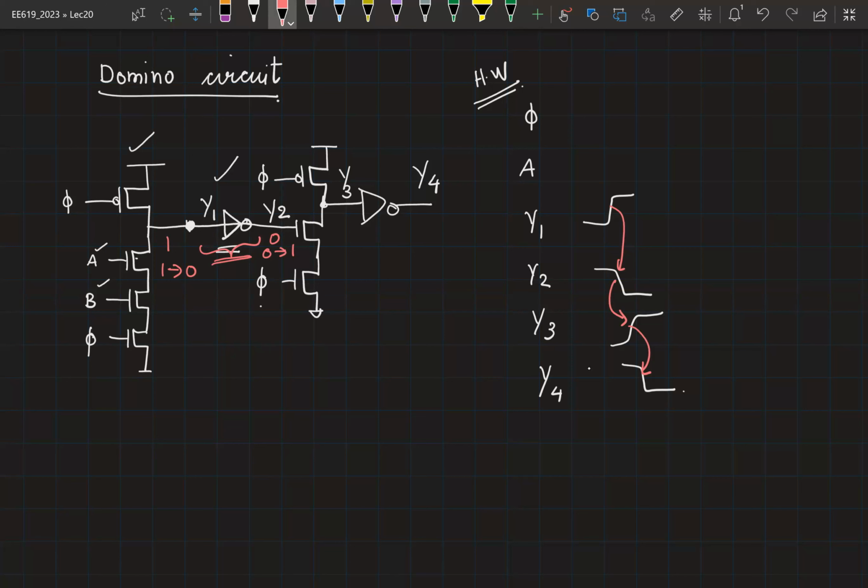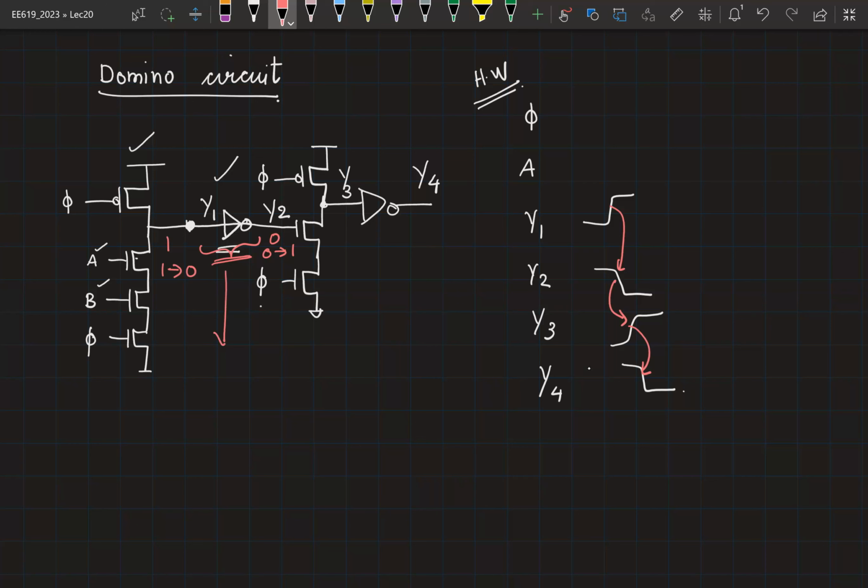Now, how should you design your inverter? What is this type of inverter called, where you take an inverter and optimize it only for one of the transitions? Refer to your notes. Yeah, it's a skewed inverter. And now we are skewing it in favor of the rising edges. So what is that inverter called? High skew inverter.